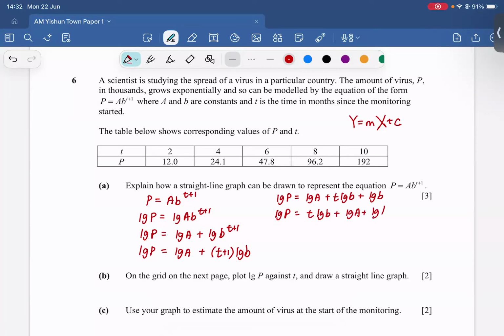So over here, you can see now that we have already established this is our y, this is our x, this is our m, and this whole thing is our c. So they explain how a straight line can be drawn.